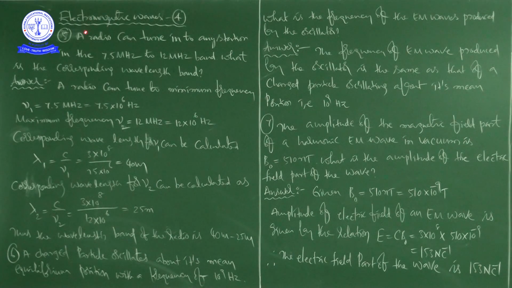Okay, see here. A radio can tune to a minimum frequency, that is nu 1 is equal to 7.5 megahertz, that is equal to 7.5 into 10 power 6 hertz. When you compare these two, I can call this the minimum frequency, just comparing these two, don't go for any other reason.